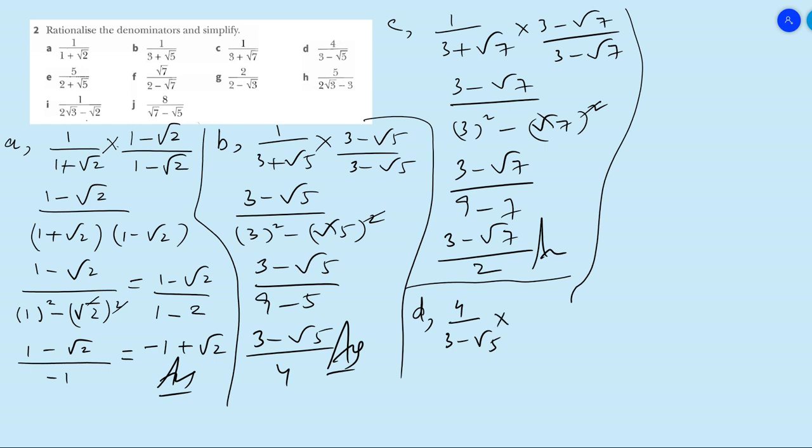This time the denominator sign is minus, so we have to multiply and divide by the plus sign, (3 plus root 5) upon (3 plus root 5).